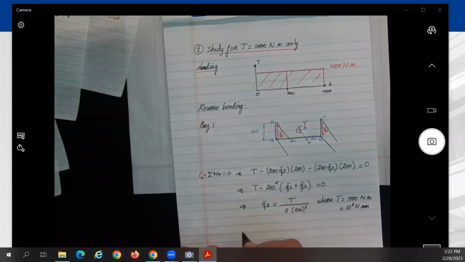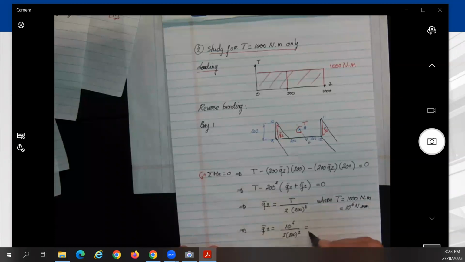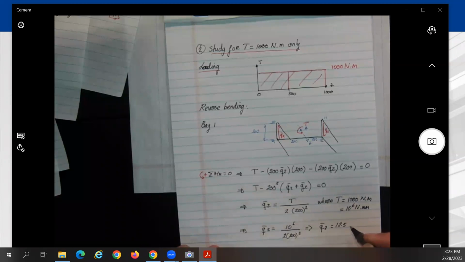Okay, so at the end we can say that Q bar 2 will be equal to 10 to the 6 divided by 2 times 200 squared. And if you take your calculator, what I get is that Q bar 2 is equal to 12.5 newtons per millimeter.